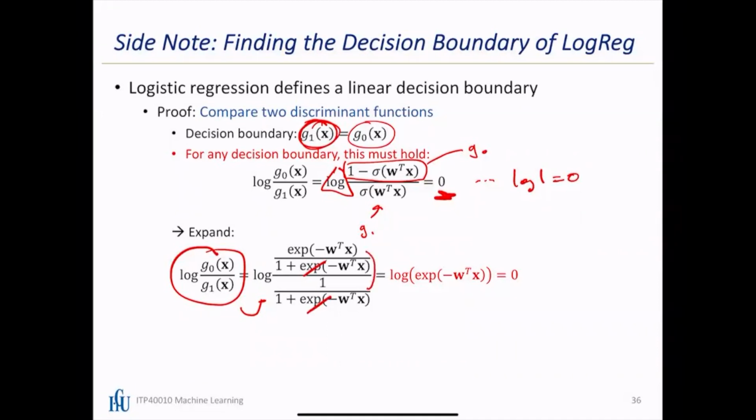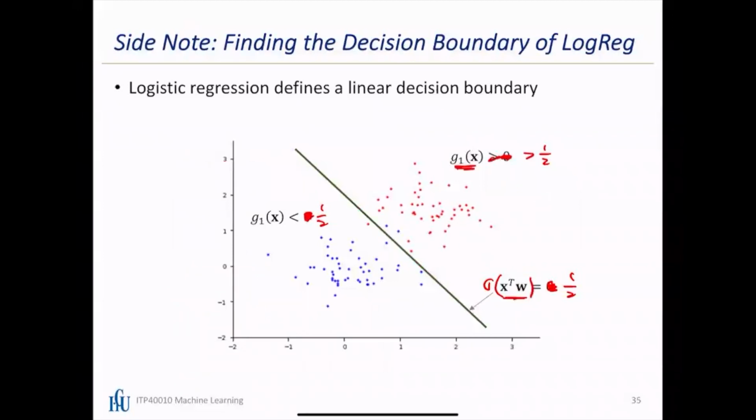And these two simply become exponential of negative w^T x. So eventually you have log of exponential of negative w^T x, and these cancel out. So eventually you have negative w^T x is 0. Let's go back to the previous slide. Although we fit with the sigmoid function, sigmoid(w^T x) equal to half is equivalent to w^T x being 0.